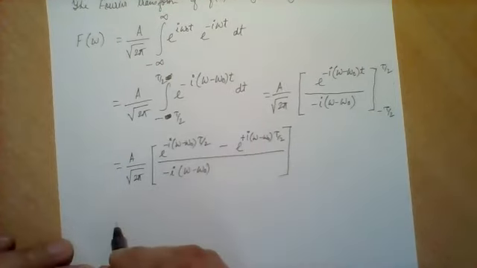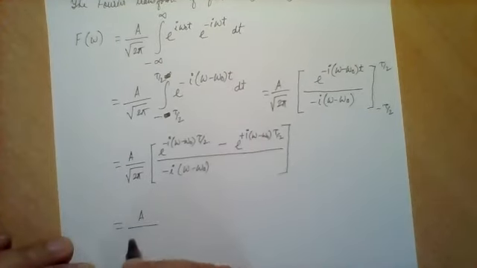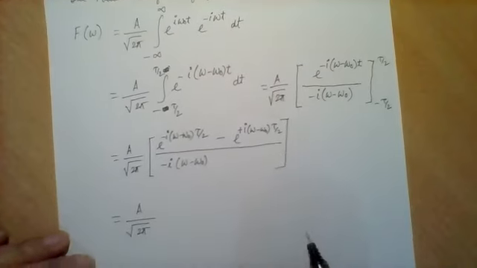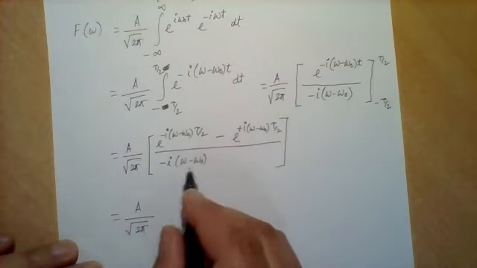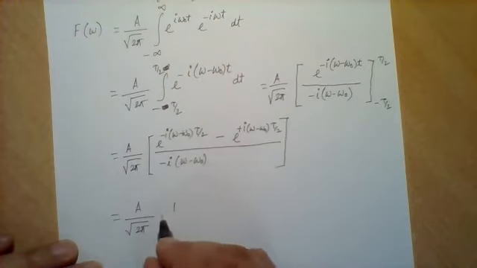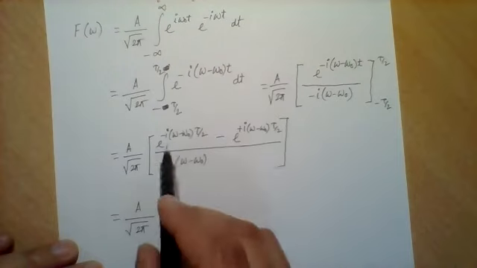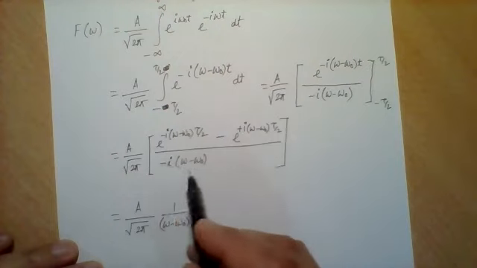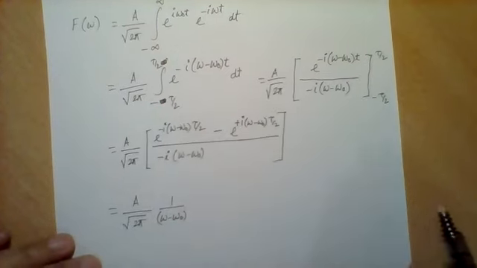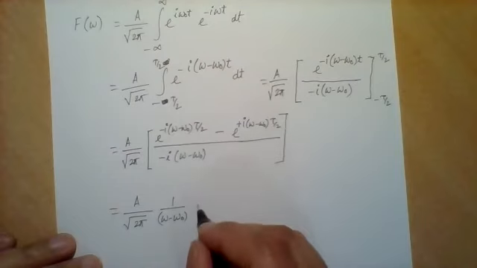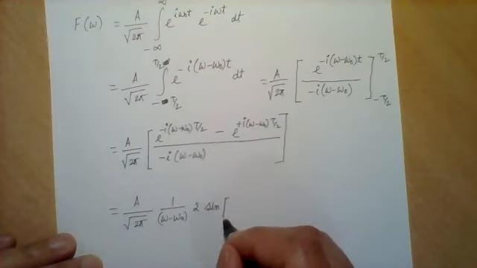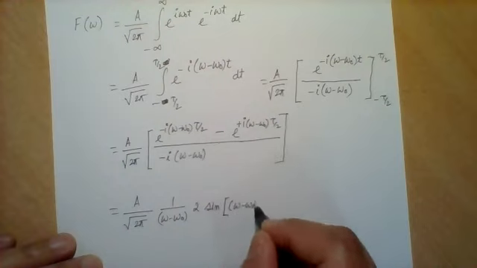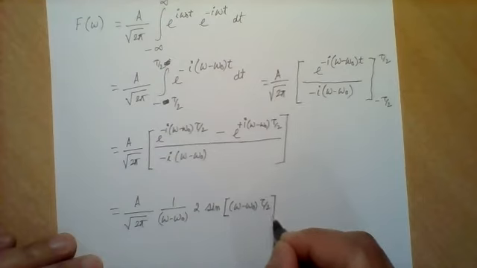Okay, so this is nothing but A by root over twice pi. I can take 1 by (omega minus omega naught) outside. So what remains is this divided by minus i. If I divide and multiply by 2, I shall get twice sine of (omega minus omega naught) times tau by 2.